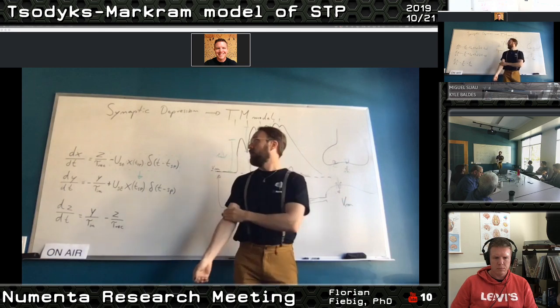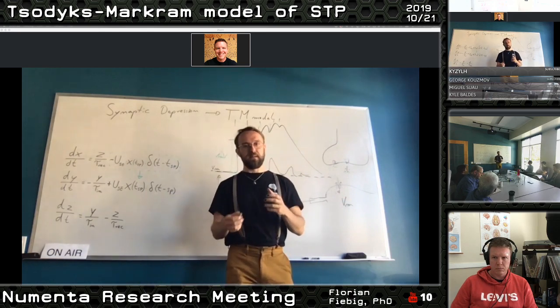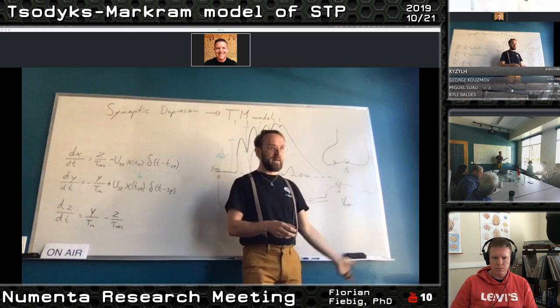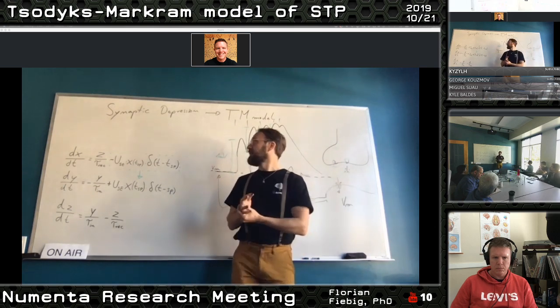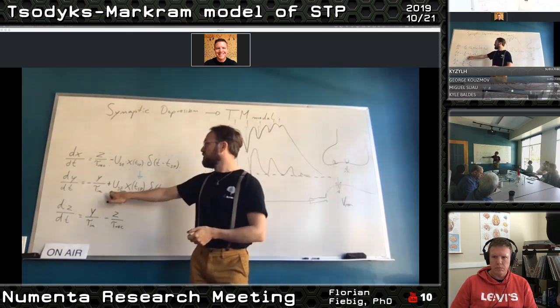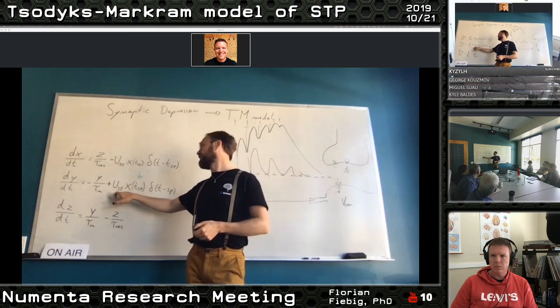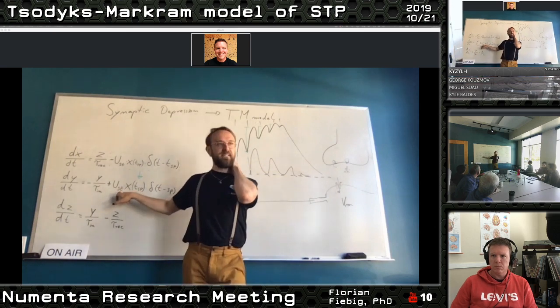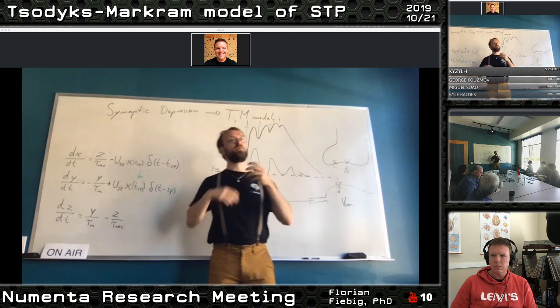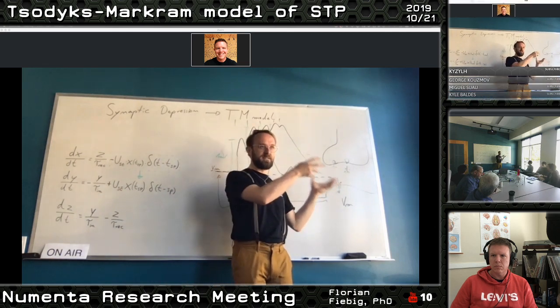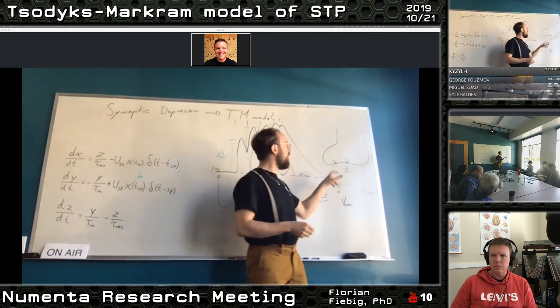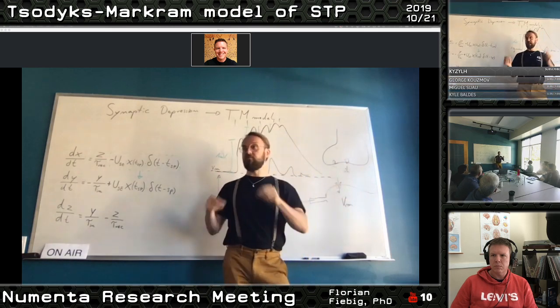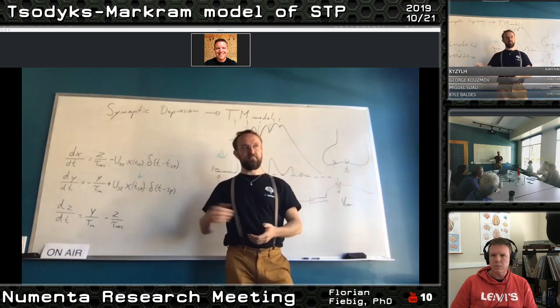And I already talked about the fact that there might be some fraction of vesicles that might get released, right? This is what they call U_SE, the synaptic efficacy. So it's a utilization of the synapse. So what percentage of releasable vesicles get released when a spike occurs?